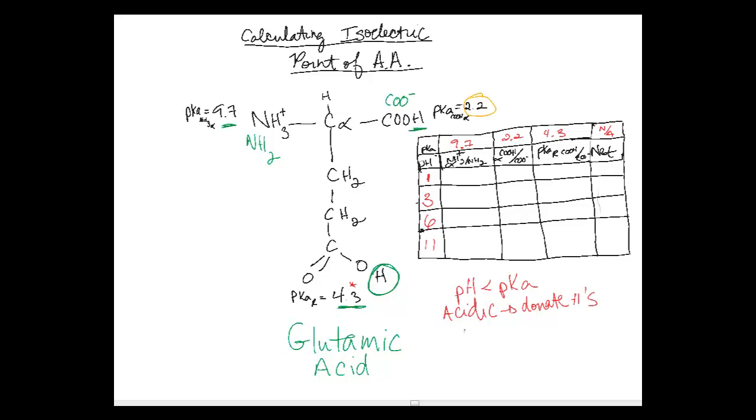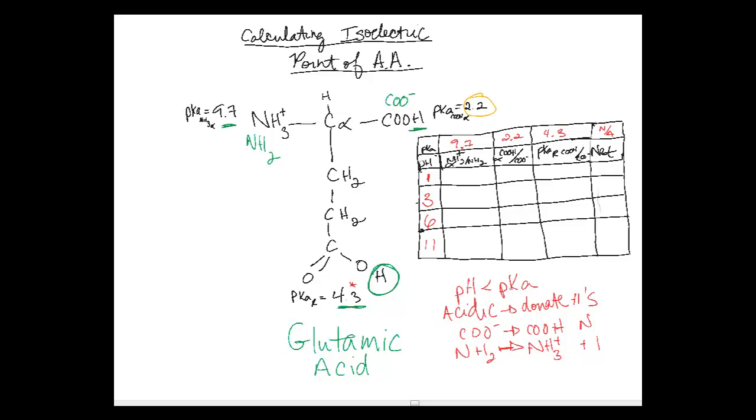So what does that mean? That means that a COO- will become a COOH with a neutral charge, and an NH2 will become an NH3+ with a +1 charge. Okay?